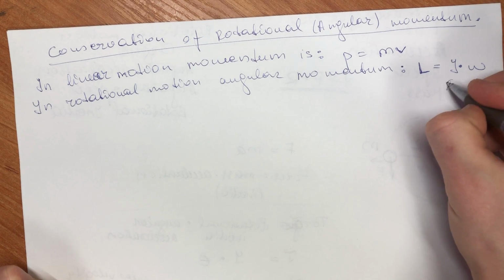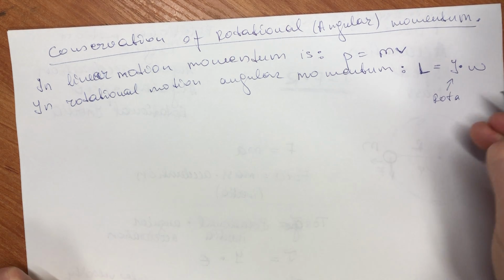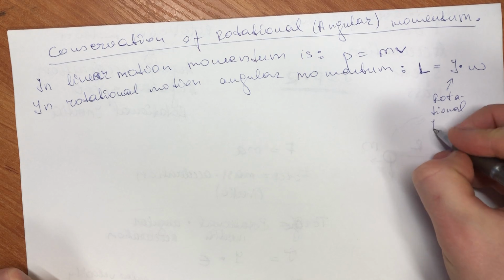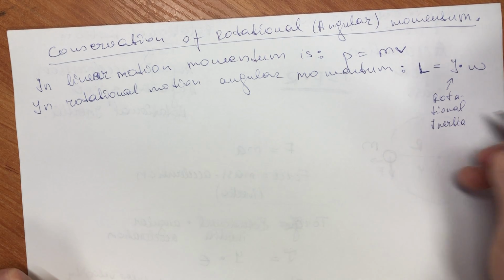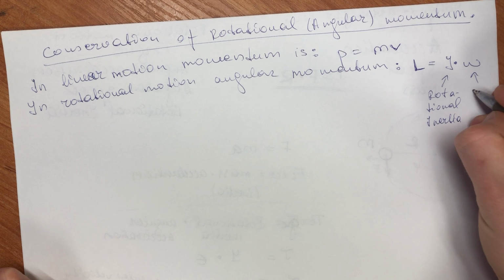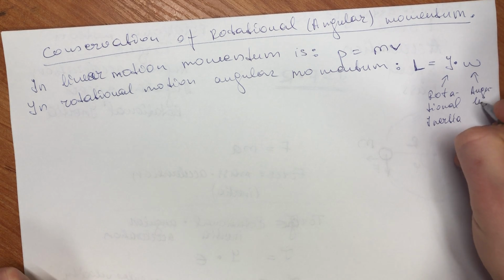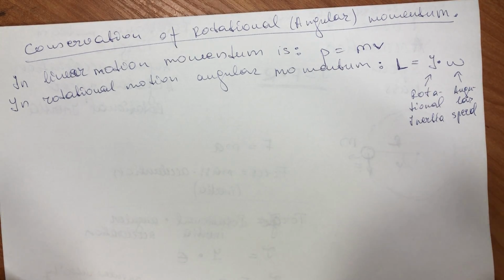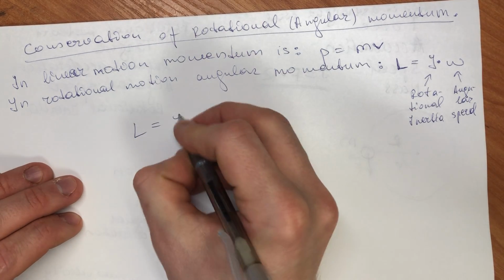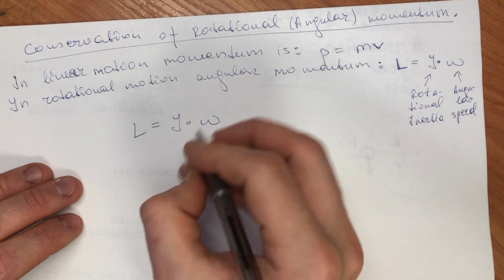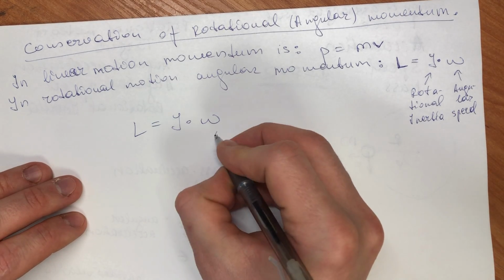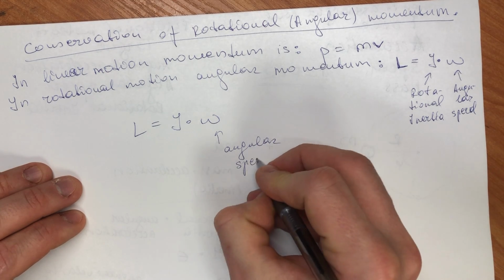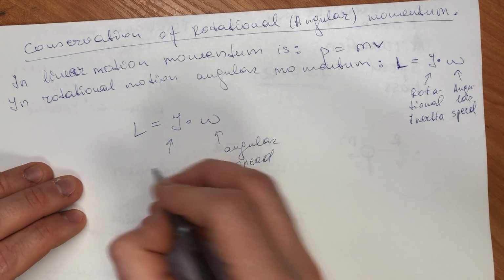So L is I times omega: rotational inertia times angular speed.